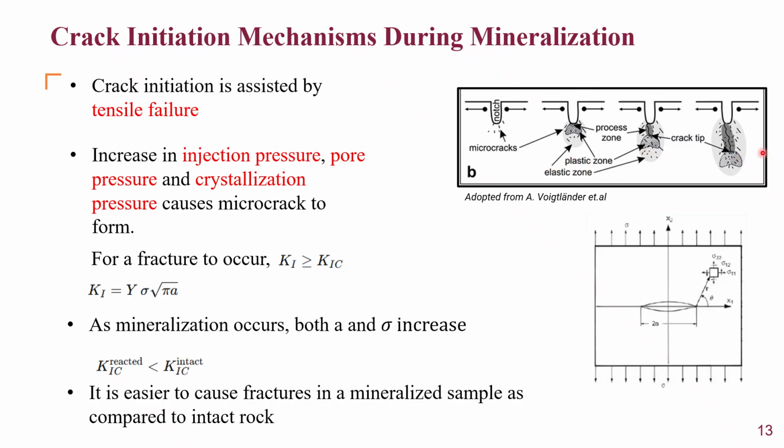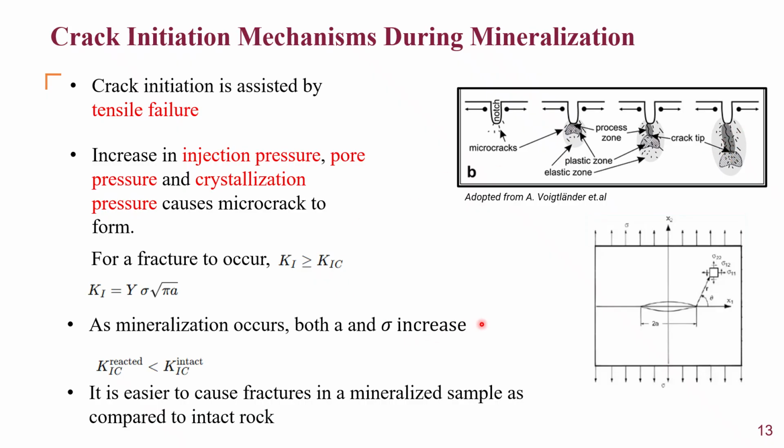You can see from this figure, as the tension forces increase, it causes a process zone to occur, and in this process zone your crack lengths are being increased, and the tensile stress is also causing the crack length to still increase, and then it propagates, and in the end you see a fracture being formed as a result of the microcracks that were there.